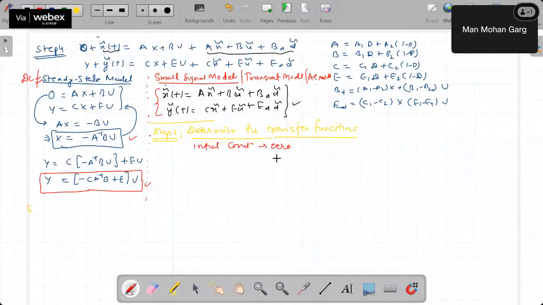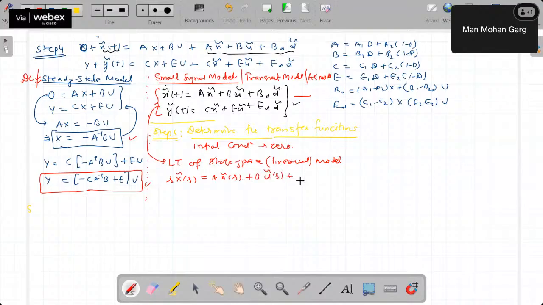So the initial condition is 0, and we put it over there, and let's take the Laplace transform of these state space models, obviously the linearized model. If you take the Laplace transform of x dot t, it's a differentiator, so s X of s equals A X of s plus B U of s.